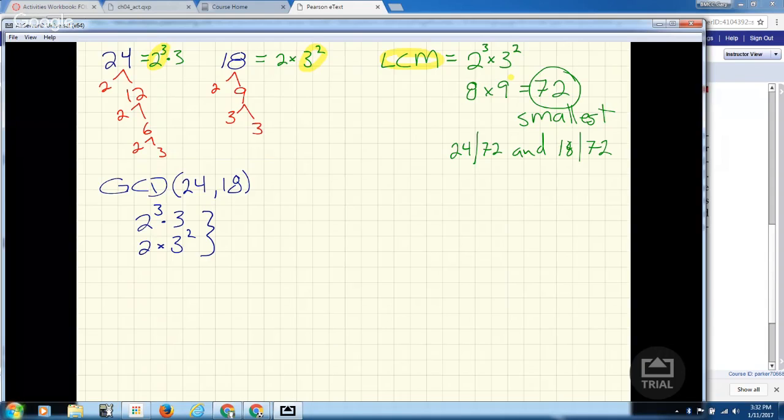Well, 2 divides both of them, right? But only 1 2. 2 squared would be too much for the 18, and so would 2 cubed. So the best I can do is say, all right, they have a 2 in common. And then this one has a 3, and this one has a 3 squared. So at most, they have a 3 in common. And so it looks like 6 is the largest number that divides them both.